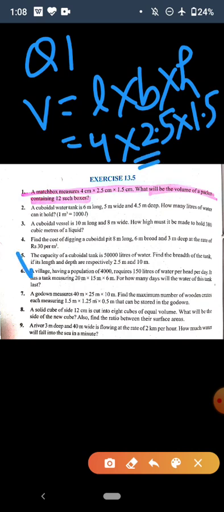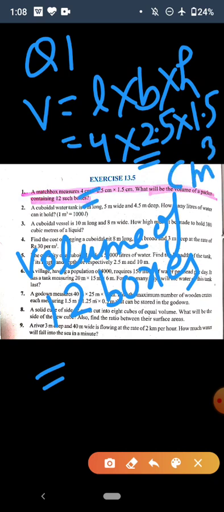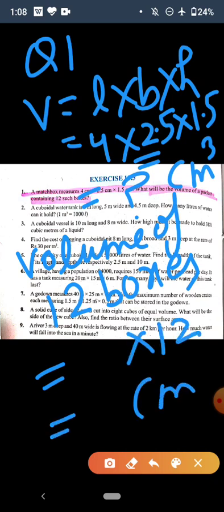Then for the volume of 12 such boxes, whatever volume you have calculated, the unit of volume is centimeter cube, you just multiply by 12 and you will get the volume of 12 boxes.